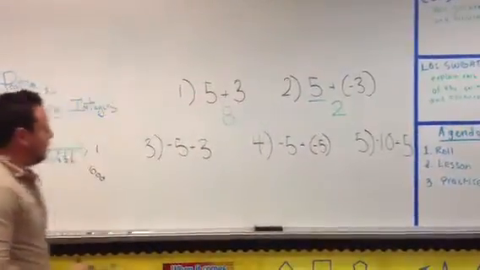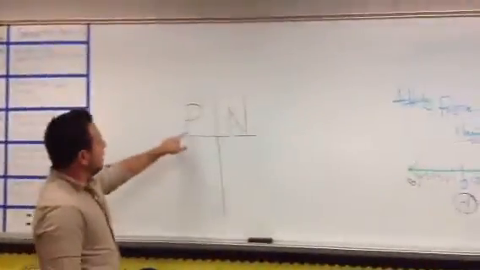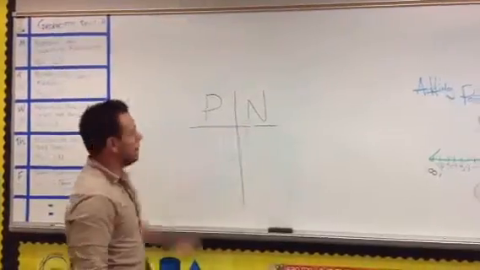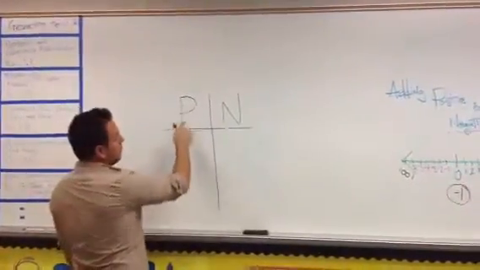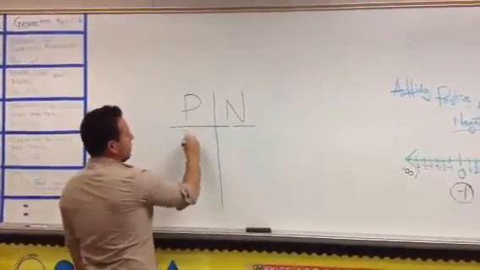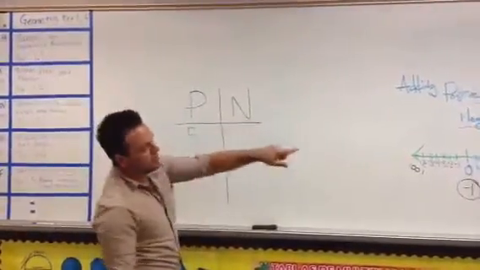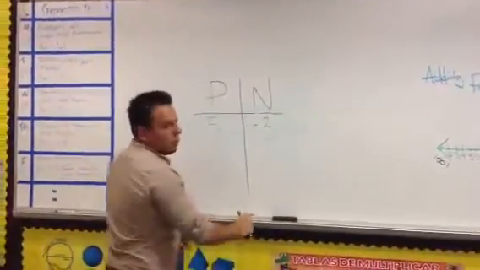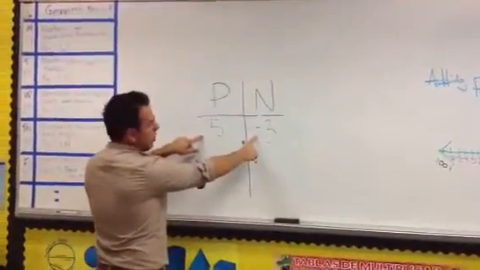Another way to look at it is using this little chart right here. You have a chart you're going to split up into two columns. You have a P, and then you have an N. Under P, for positive, we're going to put the 5. Under N, we're going to put the -3. Because they're both different signs, you're going to subtract.